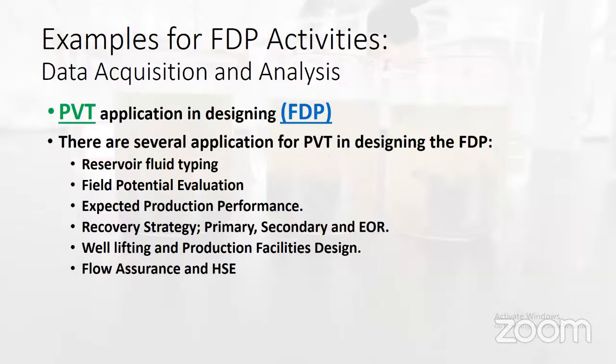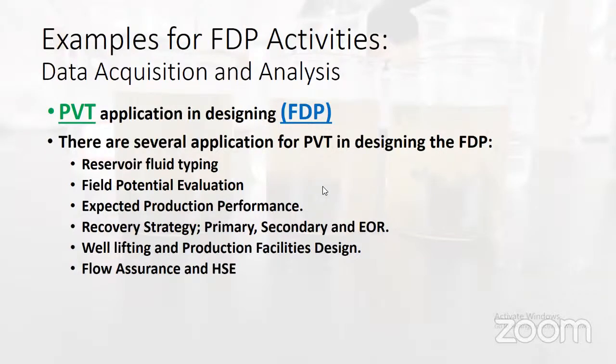So at the end, all of these issues and problems will affect the cash flow. It will affect the money, the cost, and the revenue that will be expected from that field.